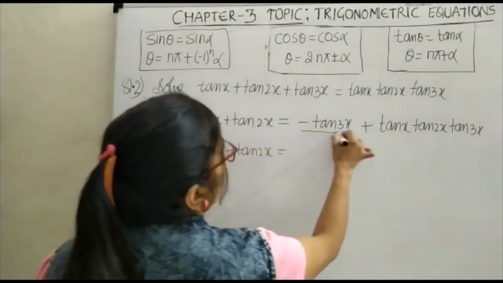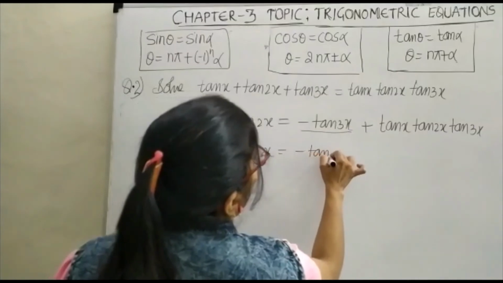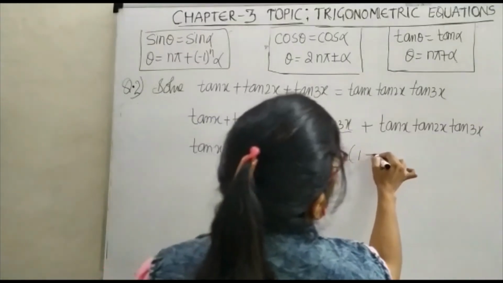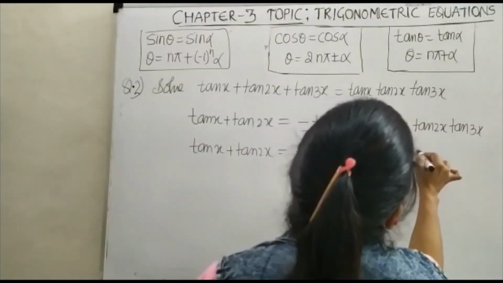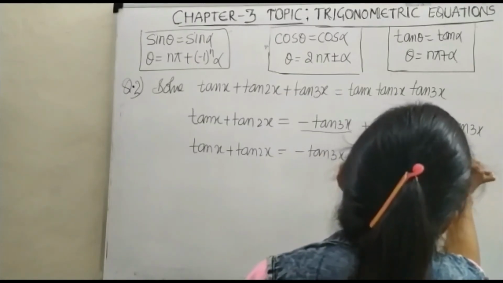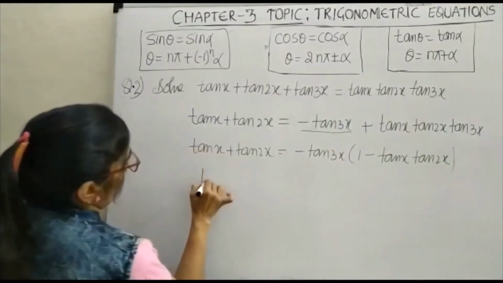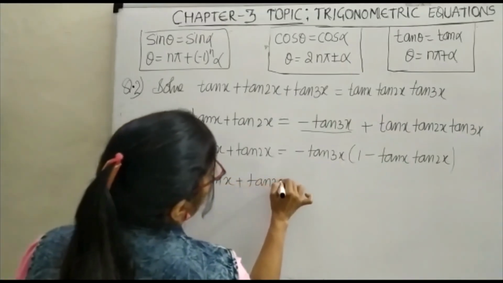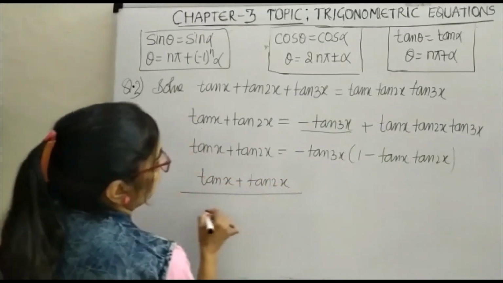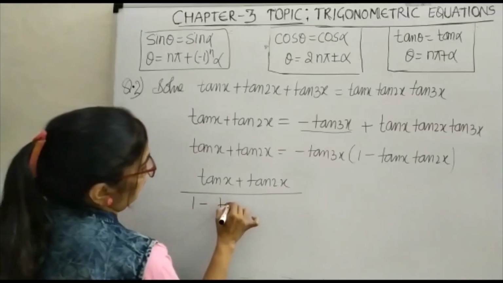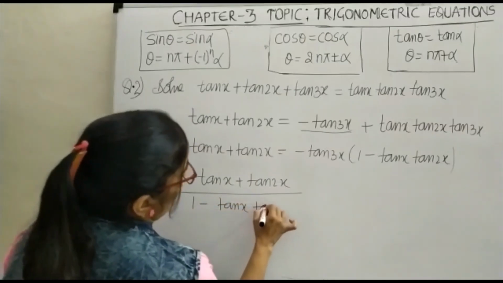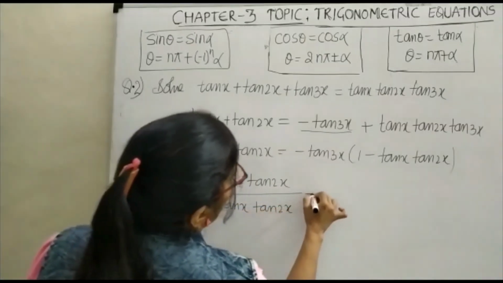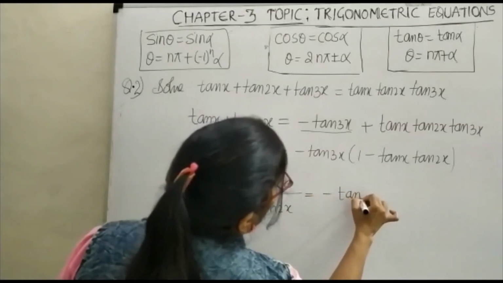We can take this minus tan 3x common. So this becomes 1 minus tan x and tan 2x. This expression can be written as tan x plus tan 2x upon 1 minus tan x tan 2x is equal to minus tan 3x.